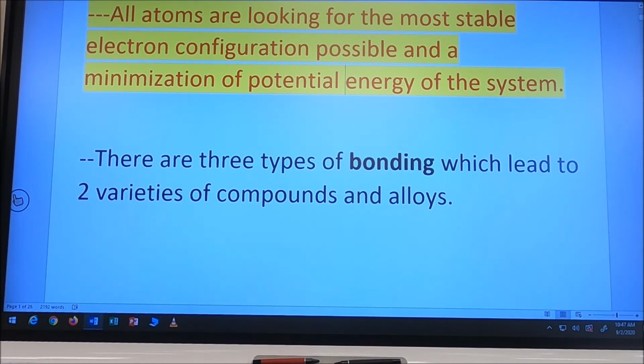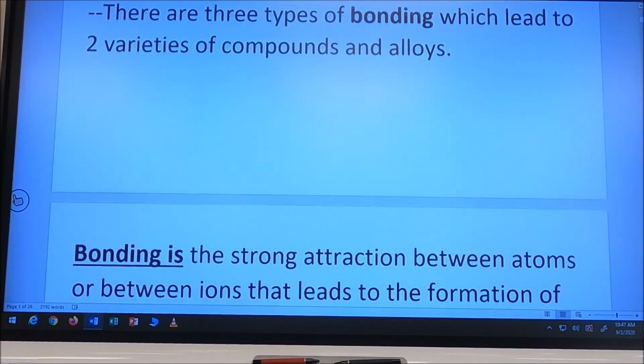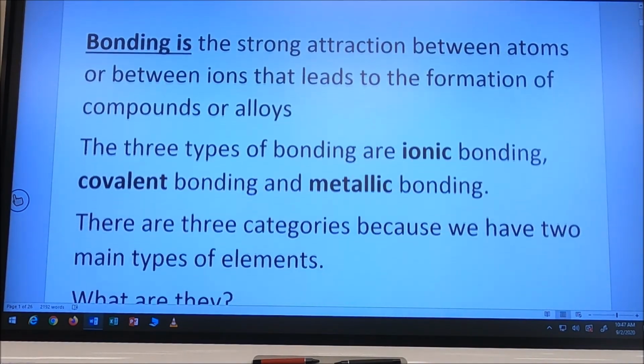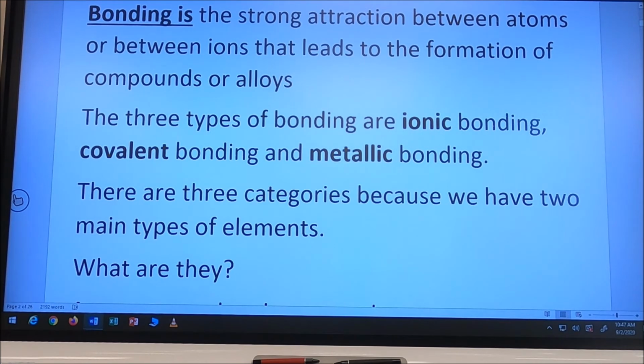Now, there are 3 types of bonding. It leads to 2 types of compound, and one bonding strategy leads to an alloy. So again, bonding is a strong attraction between atoms or between ions that leads to the formation of a compound or an alloy. We have 3 types of bonding: ionic bonding, covalent bonding, and metallic bonding.